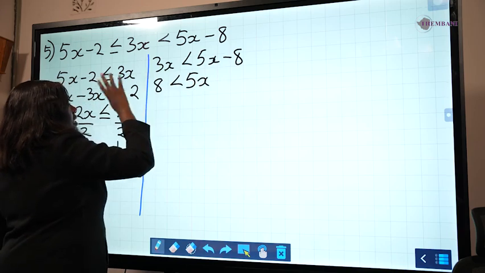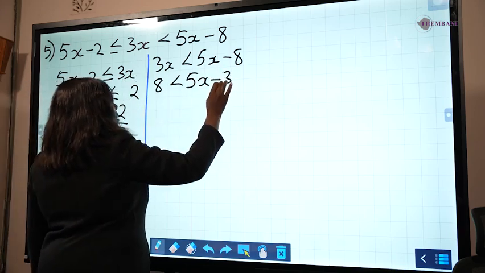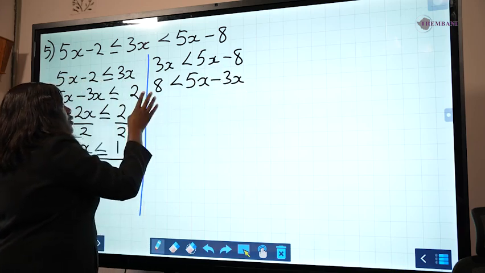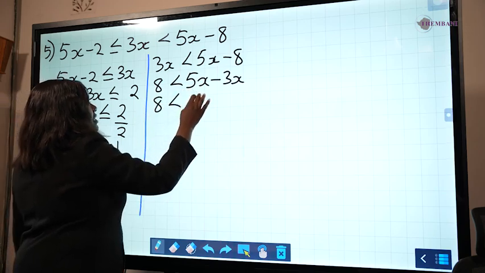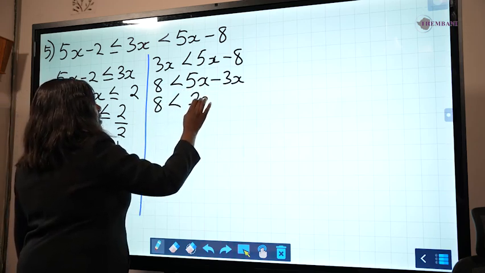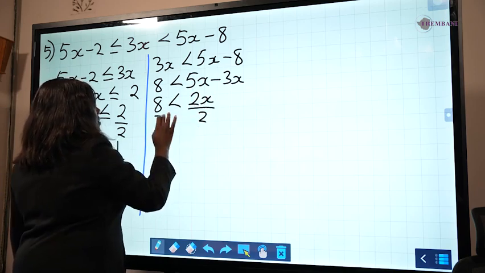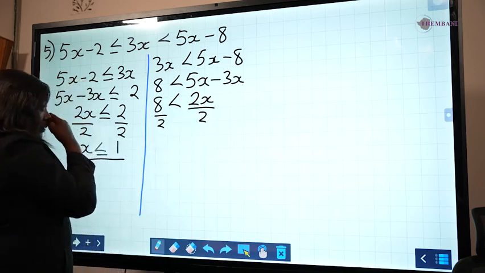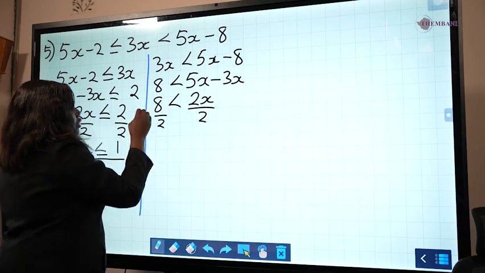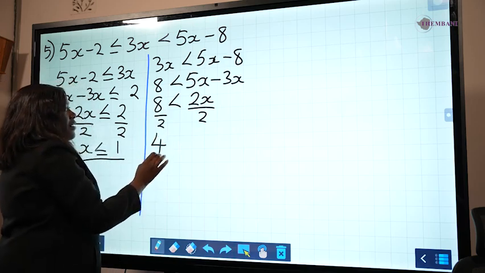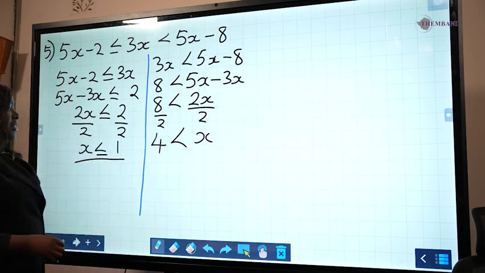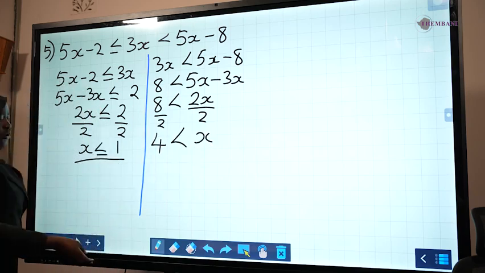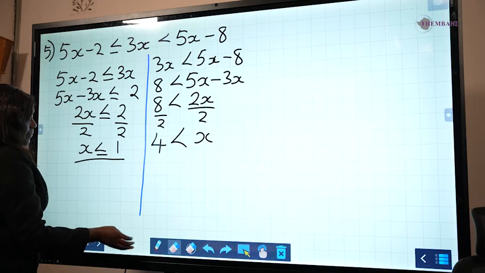Then if this 3x crosses the inequality sign, it becomes a -3x. So I now have 8 is less than 5x minus 3x, which gives me 2x. I divide both sides by 2. So in my solution, 2 into 8 will give me a 4 is less than x. So I have these two solutions that I have here.